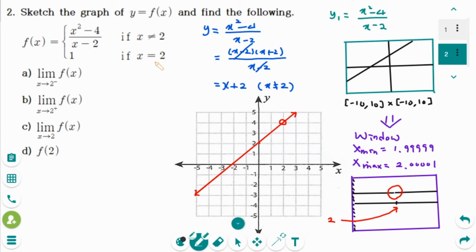When x equals 2, the y value is 1. This is the final piecewise function f(x). So y = f(x). Number A, the limit of f(x) as x approaches 2 from the left, like this. And then the y value is approaching 4.